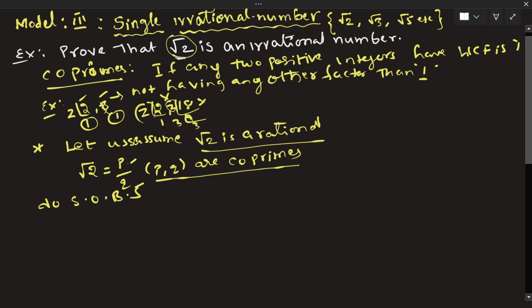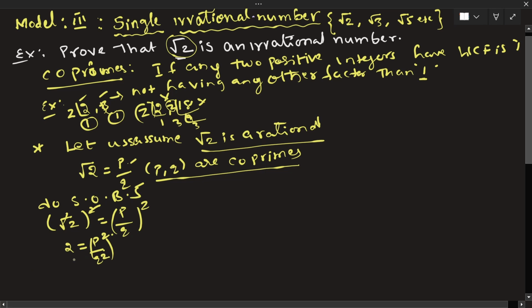So we get root 2 whole square equals p by q whole square, isn't it? The square and root get cancelled here. The value is 2 equals p by q whole square, students. That means p square by q square.